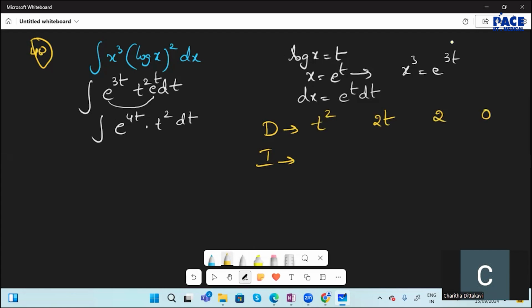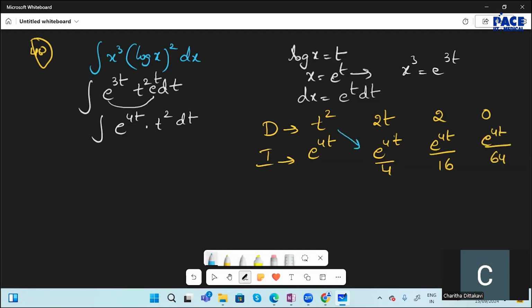Next, go with e power 4t, carefully. e power 4t by 4, next e power 4t by 4 already there, another 4 comes by 16. Again, e power 4t by 16 already there, another 4 comes by 64.